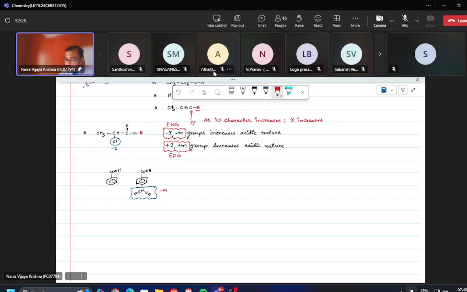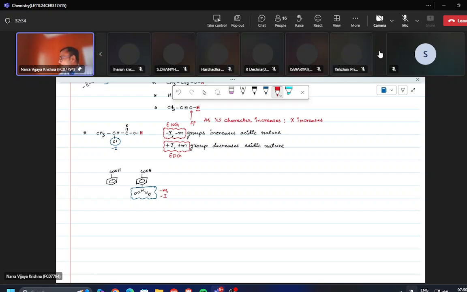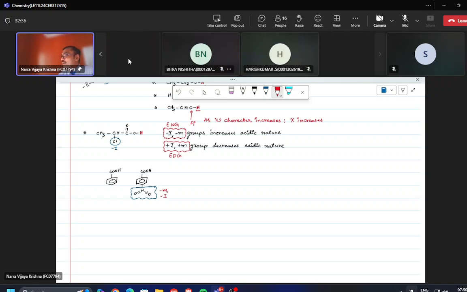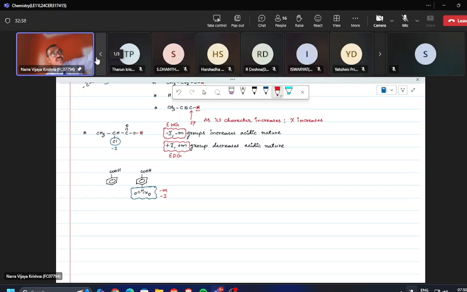Correct? Minus M. So is a minus I effect there or not? Hey, we discussed this condition. Inductive effect operates only up to 3 sigma bonds. Here, this is an electron withdrawing group, pulling electrons toward the atom. But 1st sigma bond, 2nd sigma bond, 3rd sigma bond, 4th sigma bond, 5th sigma bond. Right?